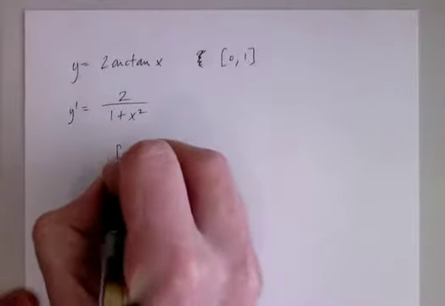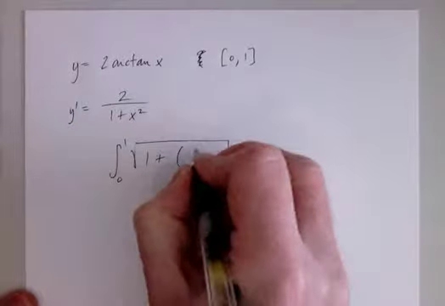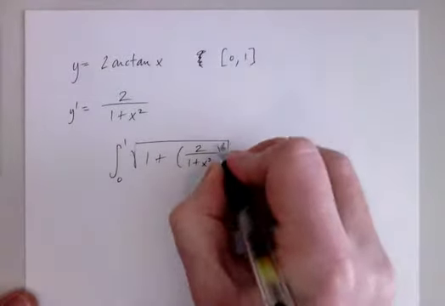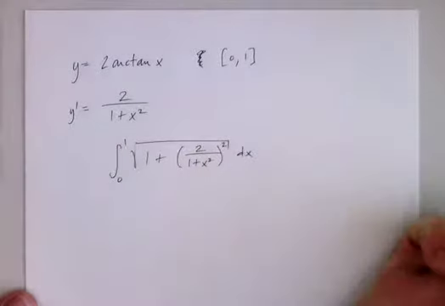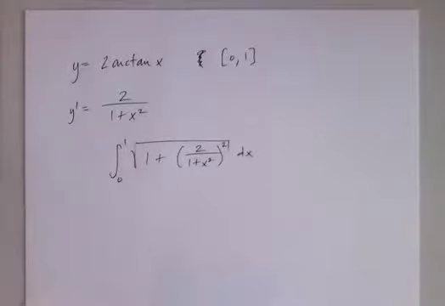So then all we really have to do is go 0 to 1 of 1 plus 2 over 1 plus x squared dx. Okay. Well, I don't think that this actually winds up being one that works out rather nicely by hand, but certainly that's easy enough to plug into your calculator.